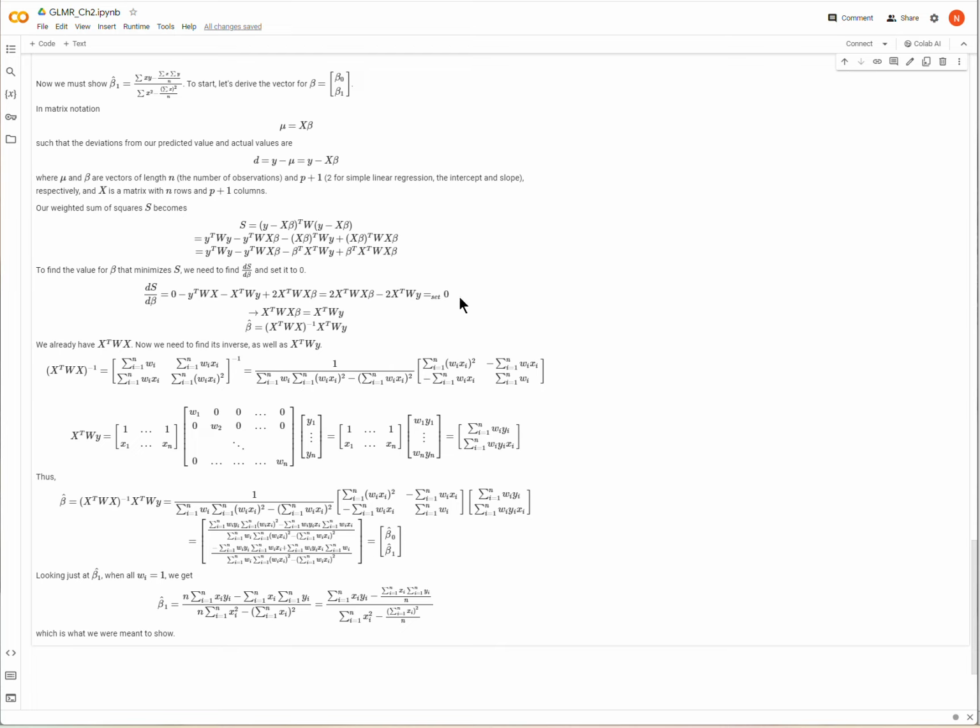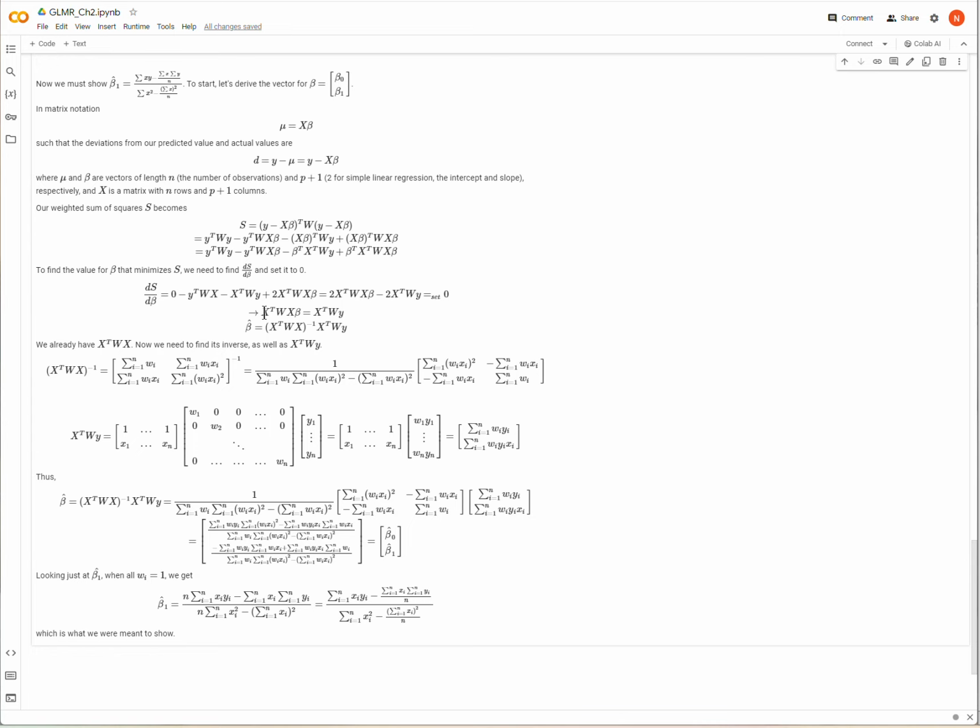Remember, I want to set that to 0, and when I do, I get the expression where this part and this part are set equal to each other, and they both have a 2 out front, so I can get rid of the 2. So I have this. To isolate beta, we would think about it as dividing both sides by this, but in linear algebra we take the inverse of all of this.